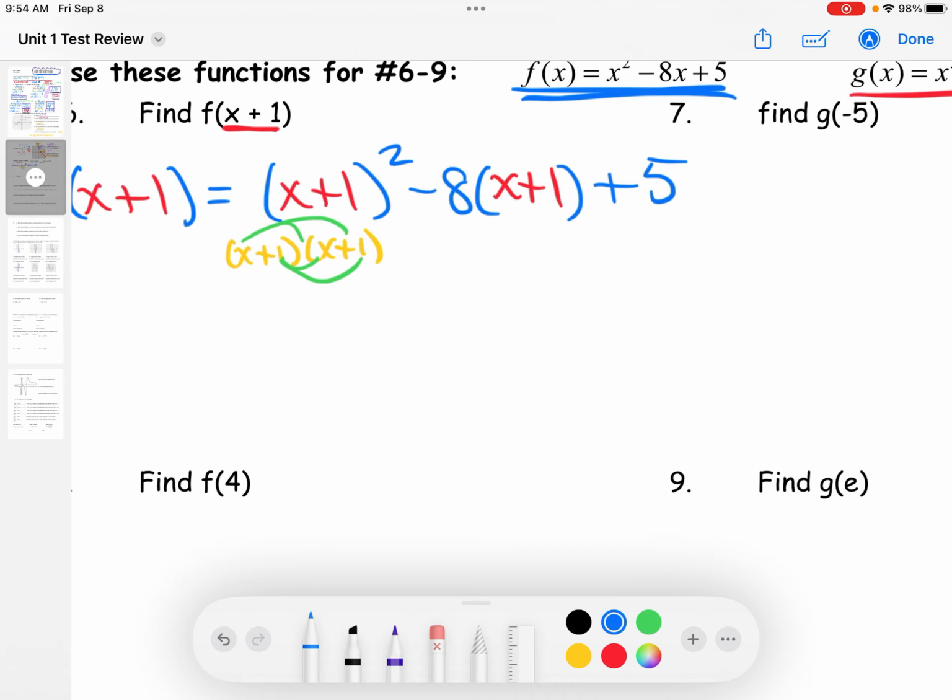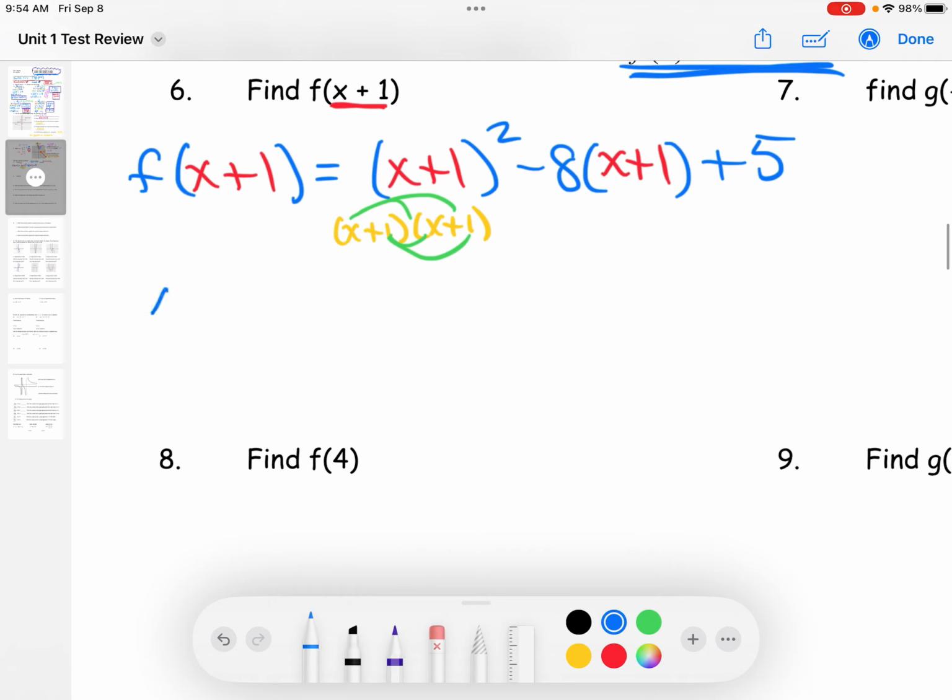Okay, so as we do this, let me scoot over. We have x squared plus a 1x plus another 1x plus a 1. And then we are distributing that -8. So we get negative 8x minus 8. Remember, that was a negative 8 we distributed, plus a 5.